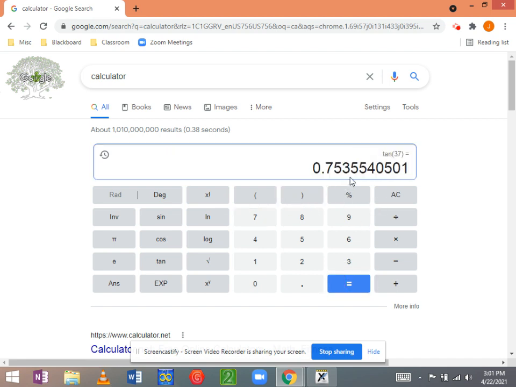Now I'm going to take the inverse tangent of this same decimal. That's going to take us back to that 37 degrees. So again, second or inverse tangent, you can see how that changes of the answer I just got, which is that decimal up there. It's going to take us back to that 37 degrees. Okay, so you're going to use that function on your calculator to solve these triangles that we're going to be dealing with.